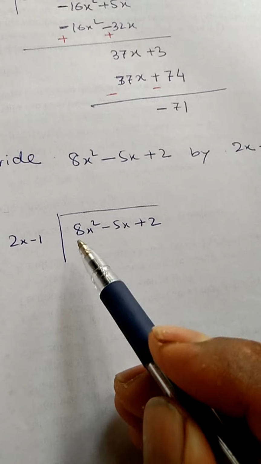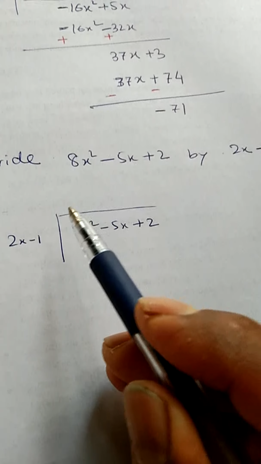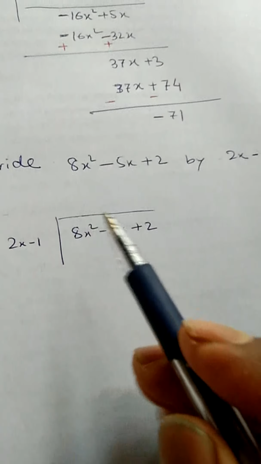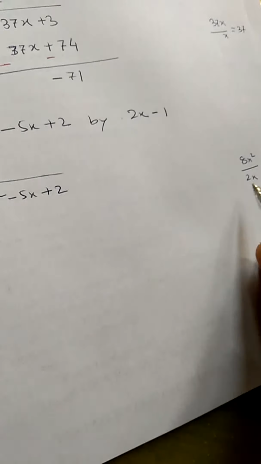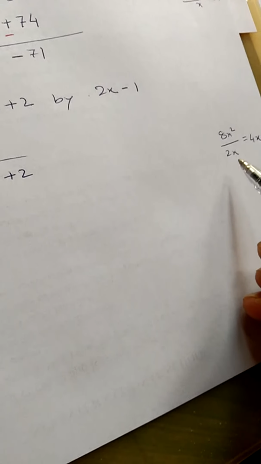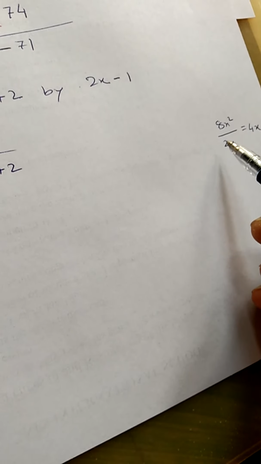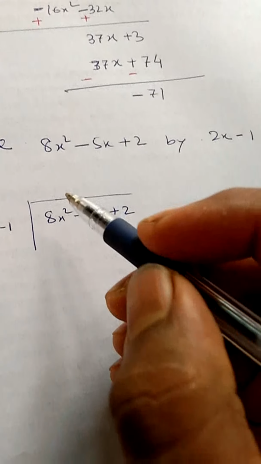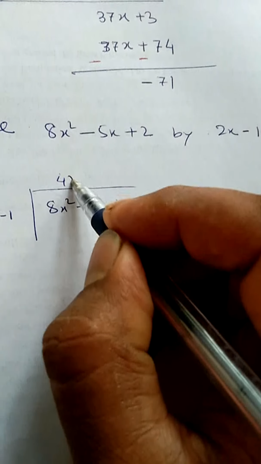First we will divide 8x square by 2x to get the term we'll take in the quotient. So 8x square divided by 2x gives 4x: 8 divided by 2 is 4, and then x. So this 4x we'll have to take here.